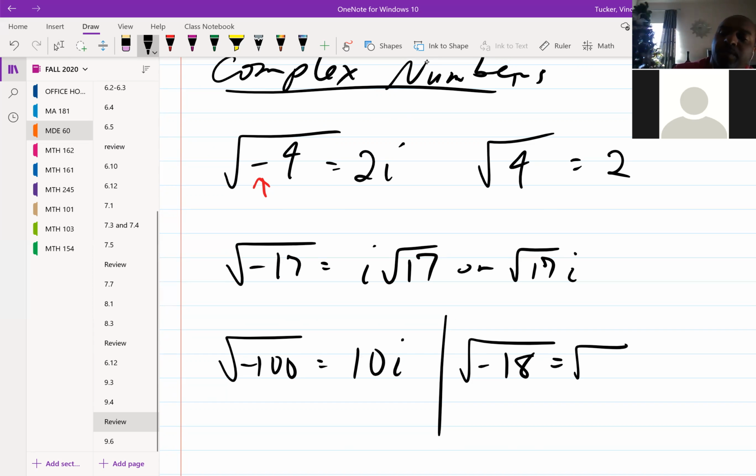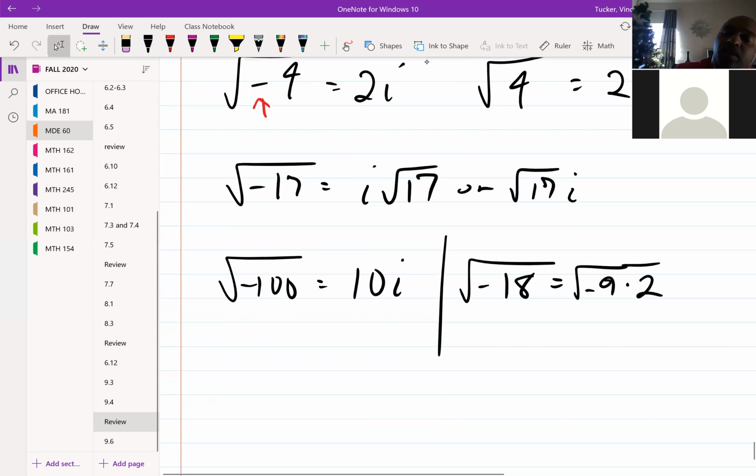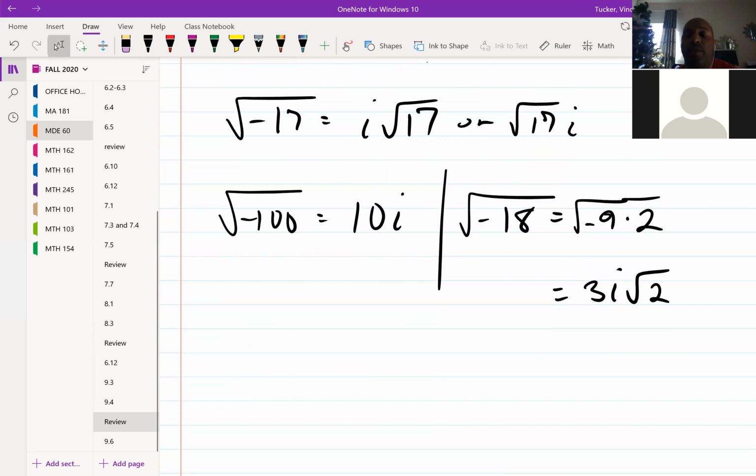So you will break it up into something that you can take the square root of, and the other piece that you can't. So you're talking about 9 times 2. Square root of negative 9 is going to be 3i, and then 2 would stay under your radical. You could take the square root of 9. You couldn't take the square root of 2. 9 times 2 is still 18.